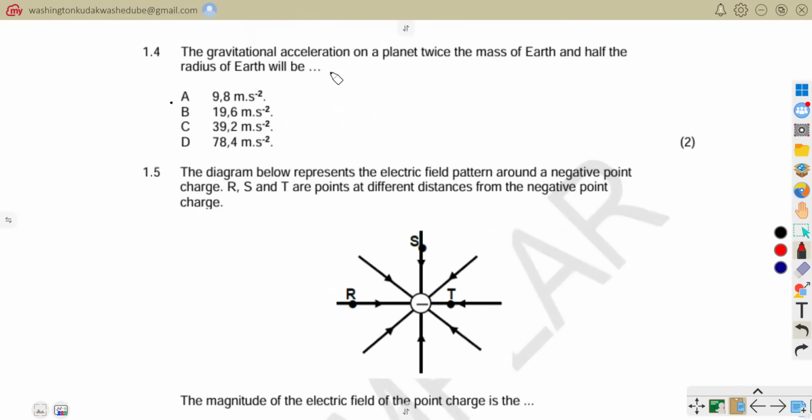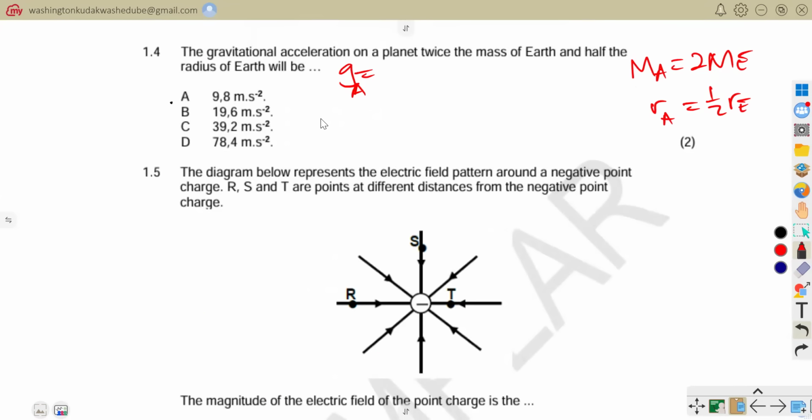Now, question number 1.4. The gravitational acceleration on a planet twice the mass of Earth and half the radius of Earth would be. So they want you to find the gravitational acceleration on a certain planet, let's say planet A, when that planet has its mass equal to 2 times the mass of the Earth, and the radius of planet A being half of the radius of the Earth.